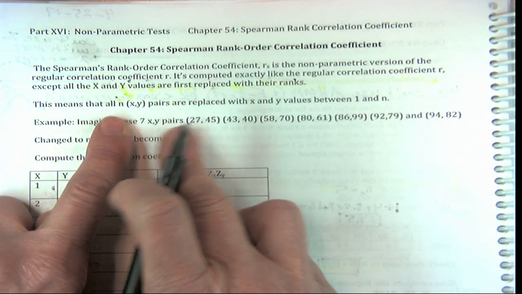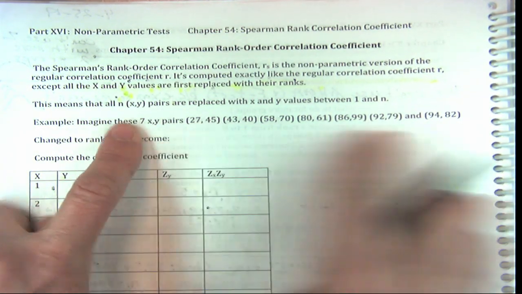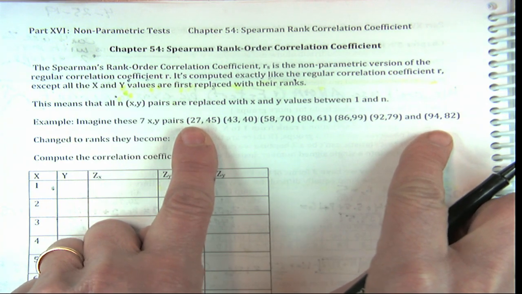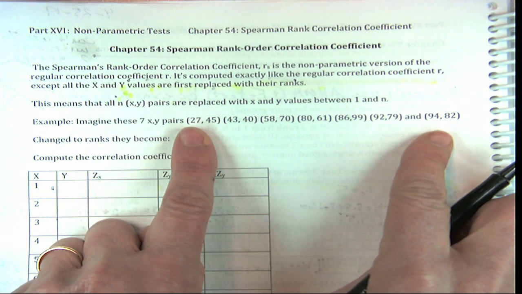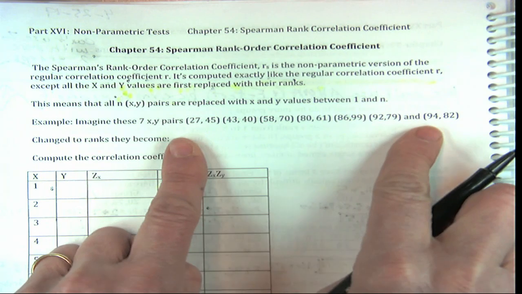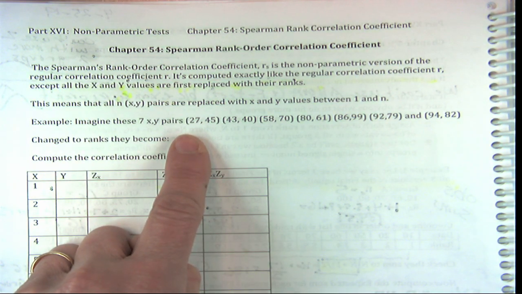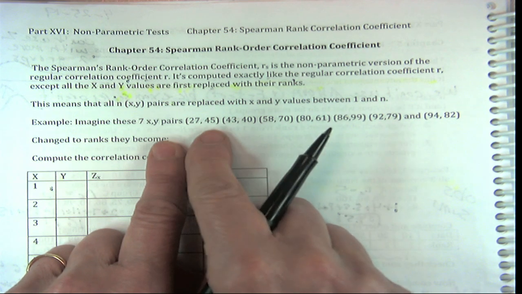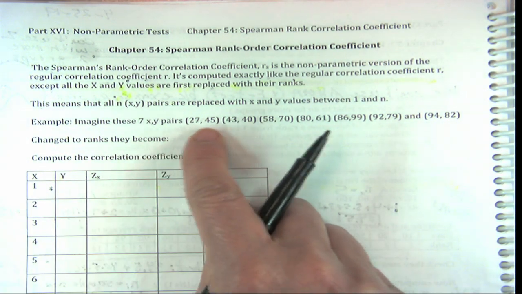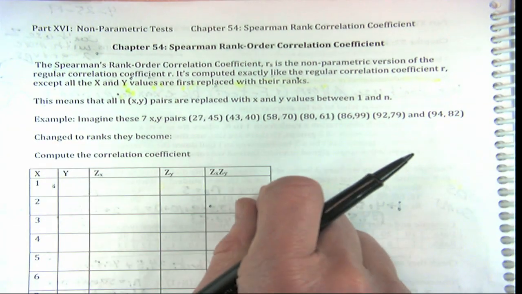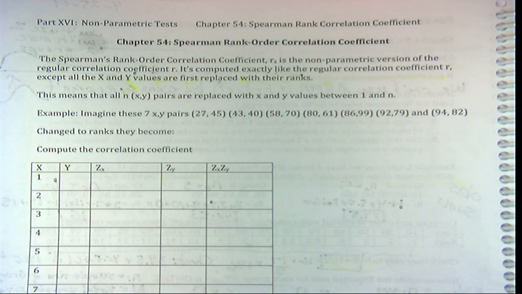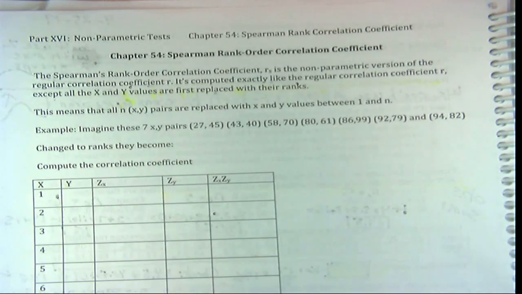Imagine that we have these 7 pairs of numbers. Continuing with our exam analogy, we could say this is the first and second score of 7 students on exam 1 and exam 2. Okay, 7 observations, and we have 2 variables here.